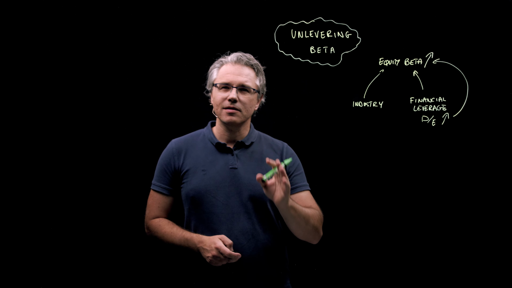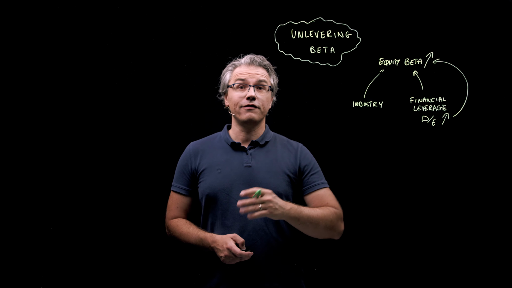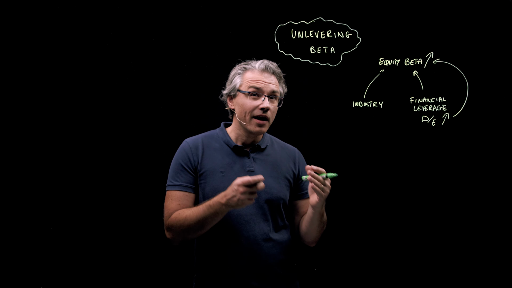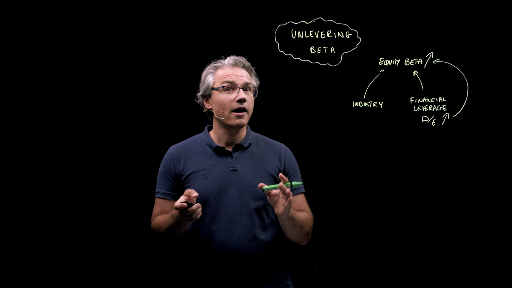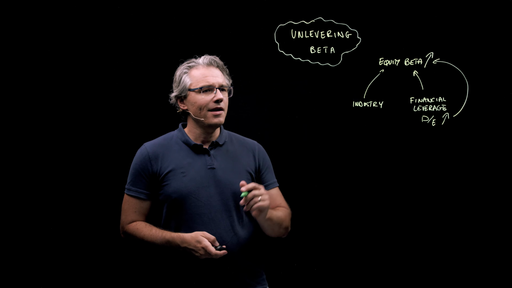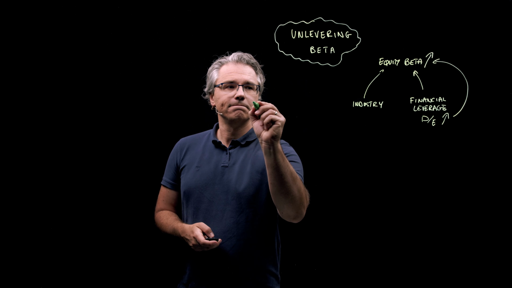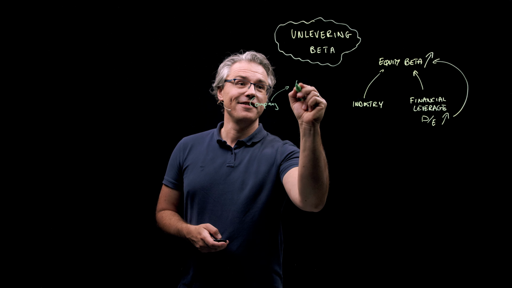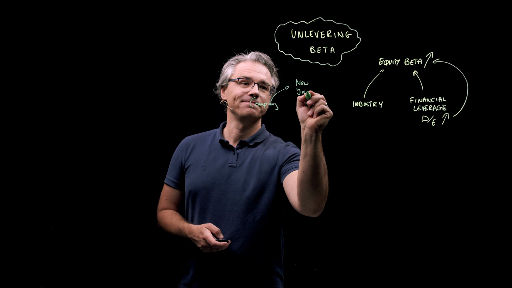Now, what we sometimes want to do is evaluate a project in a specific industry which will be undertaken by a company that currently operates in a different line of business. So let me draw a company moving into a new industry.